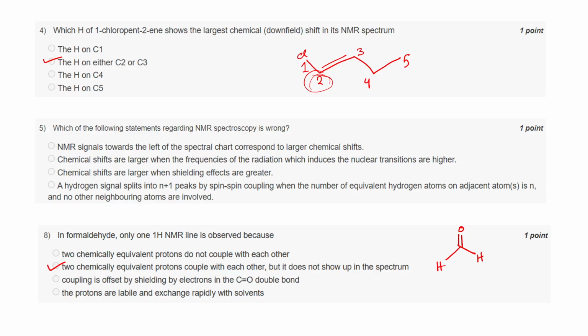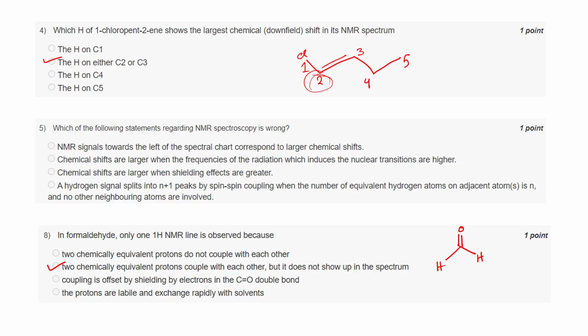What do you think of this? This is also correct, because of the B0, right? Now, similarly, chemical shifts are larger when the shielding effects are greater. If the shielding effect is greater, then your proton will be more shielded. So this is wrong, actually, because it is going to experience less applied magnetic field.